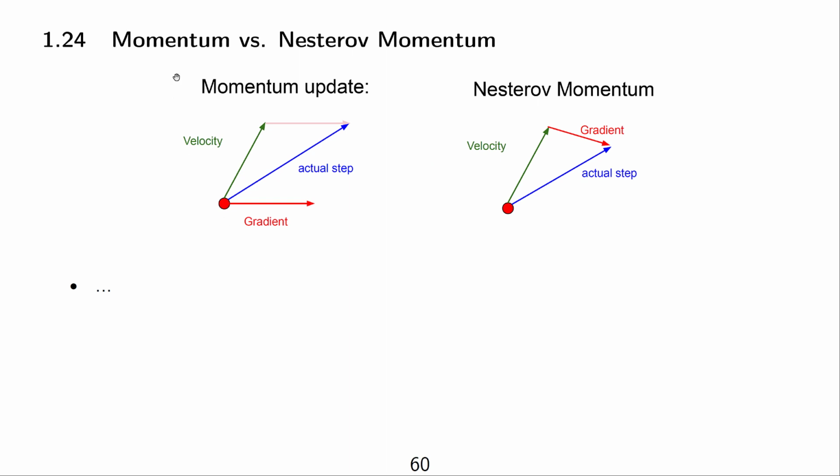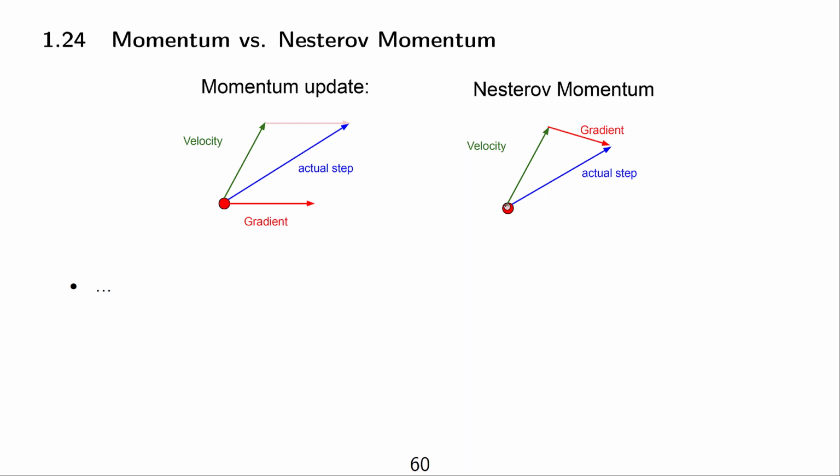One side note is that there's momentum and also something called Nesterov momentum. The idea of a regular update is you are at a point here that is in red, and then at this point you estimate the gradient and the velocity. And what you're doing is combining this and then taking an actual step. When looking at this figure, you have to consider that gradient and velocity are already appropriately scaled, so that the actual step would be a vector addition.